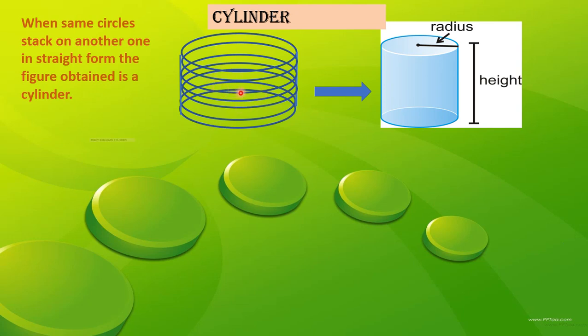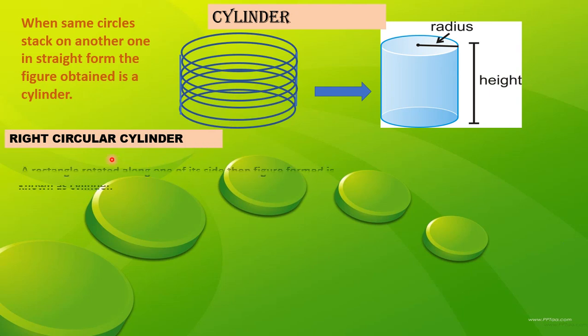So when we talk about the right circular cylinder, when a rectangle rotates along one of its sides, the figure formed is known as the cylinder.